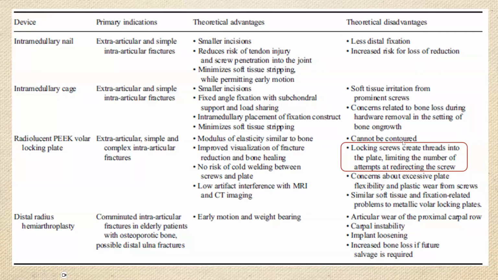With respect to PEEK, these are metal screws on a plastic plate, so there are limited attempts at redirecting the screw in case of a malpositioned screw. And with distal radius hemiarthroplasty, we are already removing the bulk of the distal radius, hence there is an increased risk of bone loss if a further salvage is considered, like replacing the prosthesis.